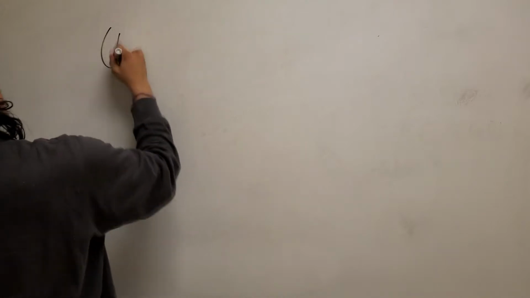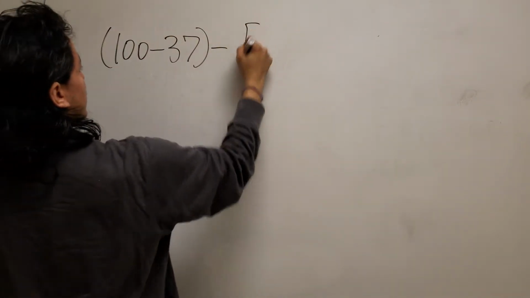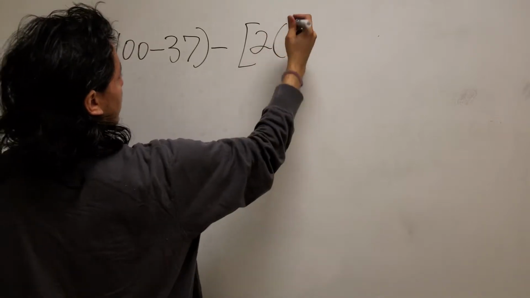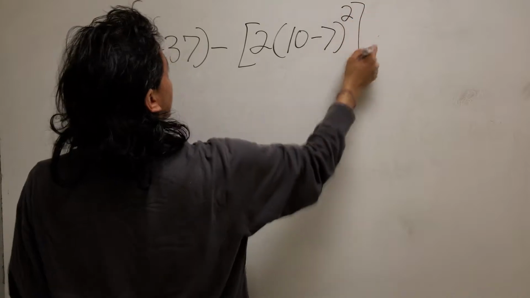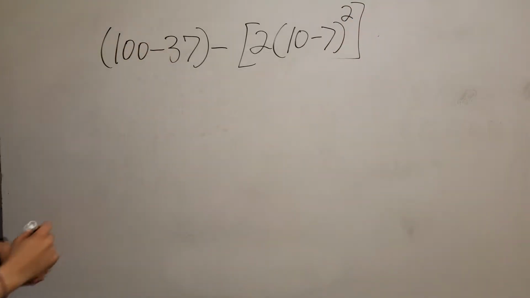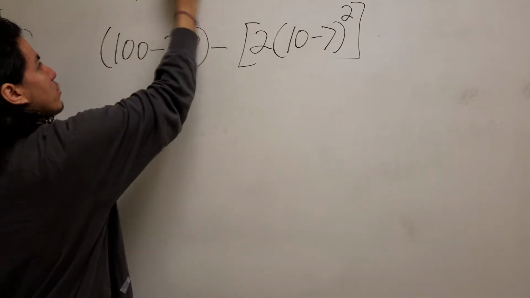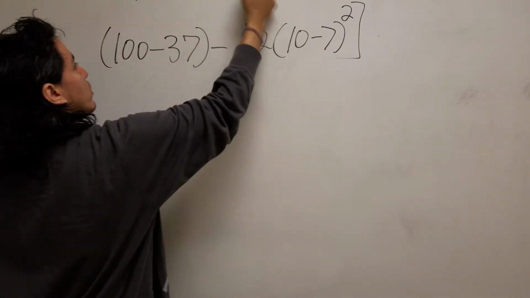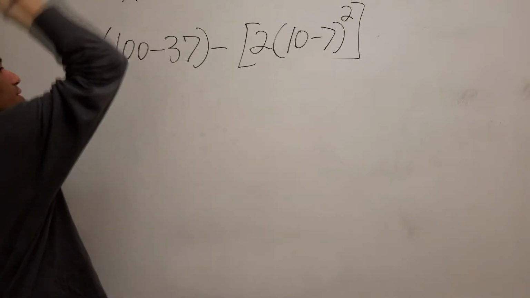So let's say I have 100 minus 37 minus square bracket 2 times 10 minus that squared. Okay. So, when we're doing these types of problems, always write the letters out so then you can just check them off your checklist. So let's do parentheses first.